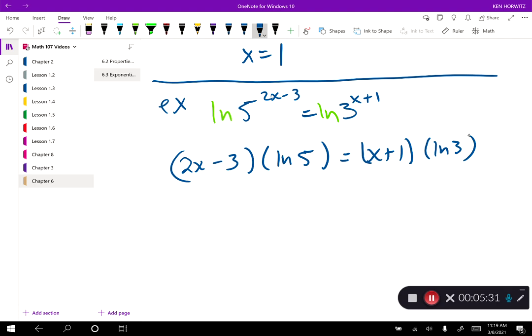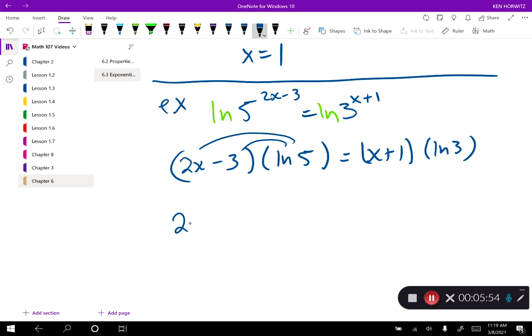All right, you can use log base 10, you can use log of any base when you're doing this, but natural log, like I said, when you get to calculus, if you're used to natural log, it's going to make that transition a lot easier with certain topics. All right, so now what I need to do is distribute this ln 5.